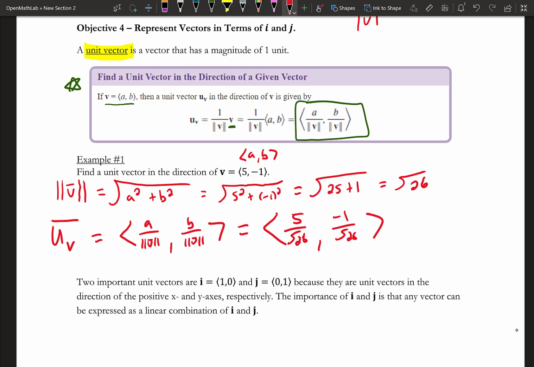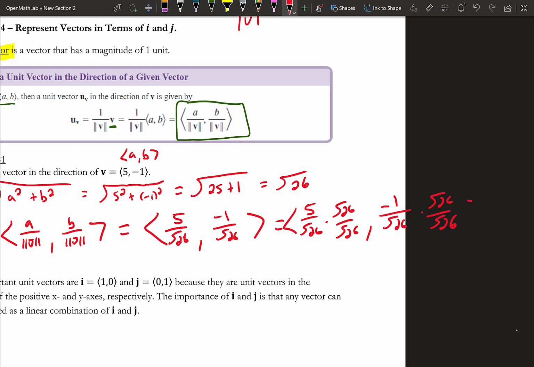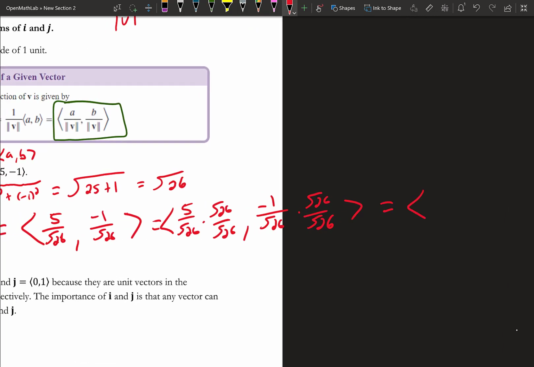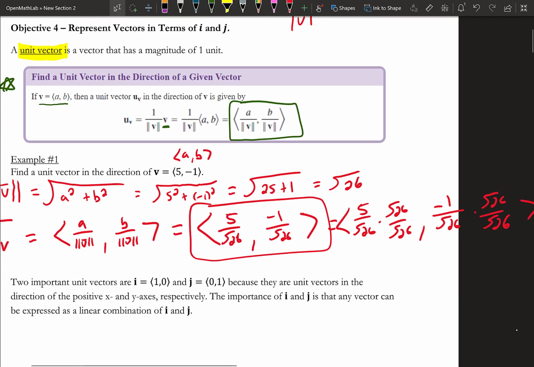So we would need to multiply both by radical 26 over radical 26. This would give me 5 radical 26 over 26, comma, negative radical 26 over 26. So this is one possibility for an answer, or this would probably be okay too. Either of those in the box would be appropriate.